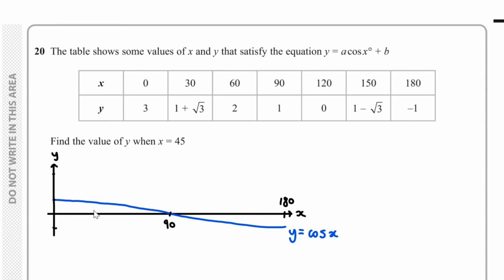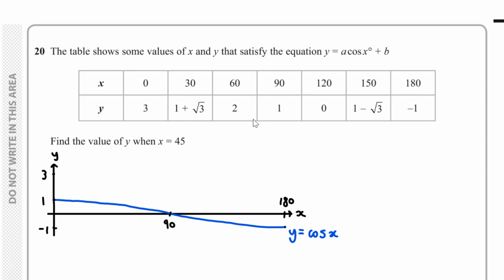So if we draw the graph of normal cos x, it looks something like this, and it has a minimum at minus 1 and a maximum at 1. Now here, when x is 0, y is 3, so that's over here. And when x is 180, y is minus 1, so that's over here.